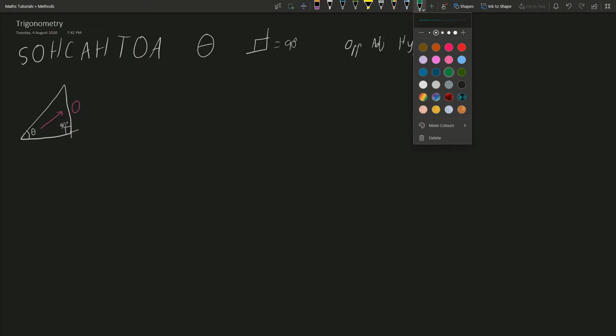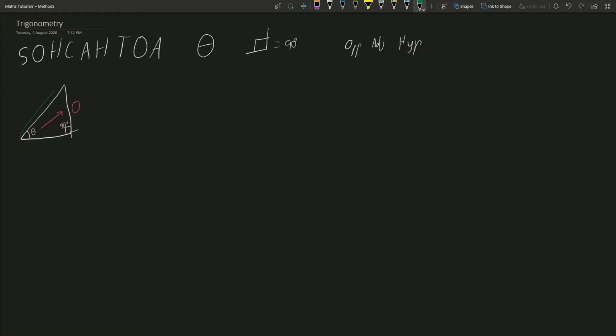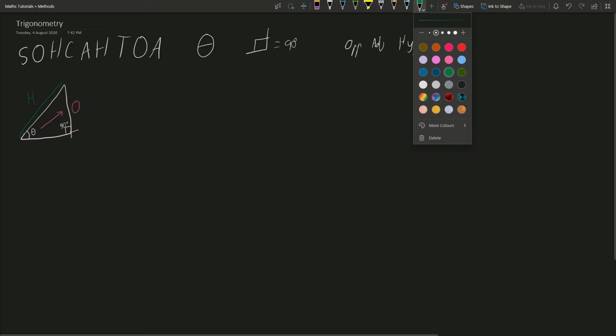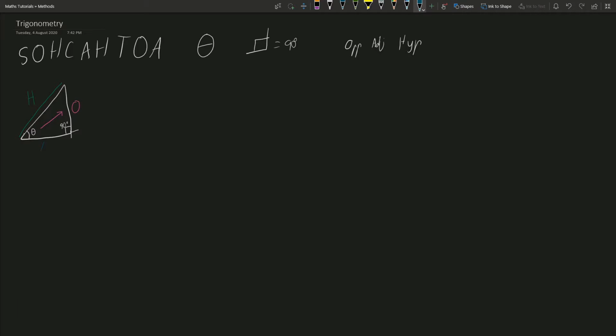And if we look to the longer side on the hypotenuse, which is this one here, it's the longer side, that's the hypotenuse. And then the final side is the adjacent side, and that's just the one remaining one, which is just here.